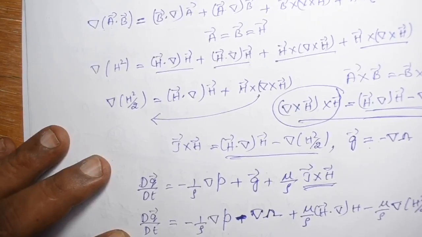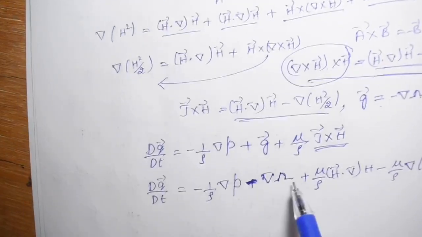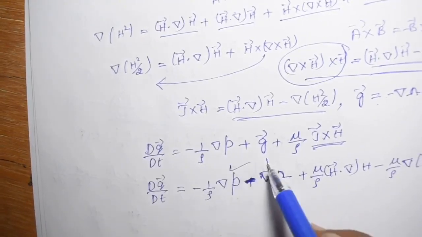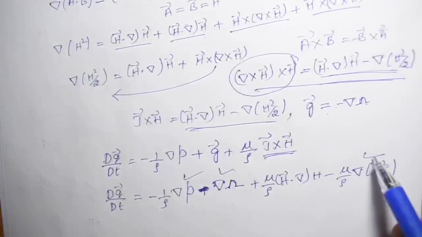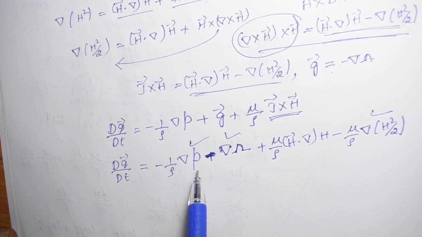Now you have to take the gradient operator outside from this as well as from this, but unless I send this term inside the operator, it is not possible.